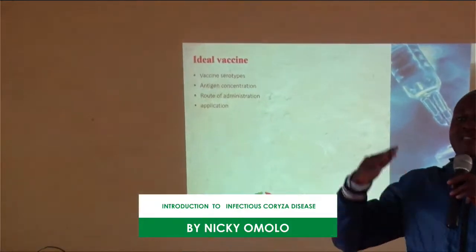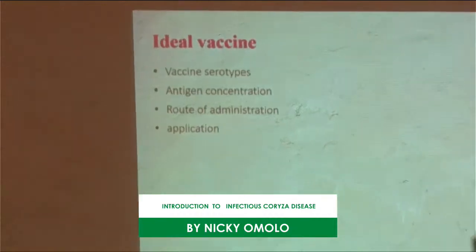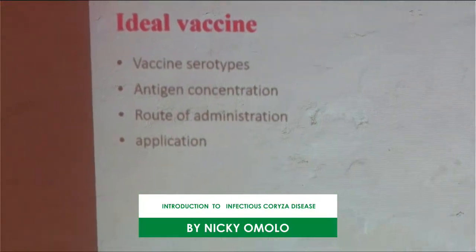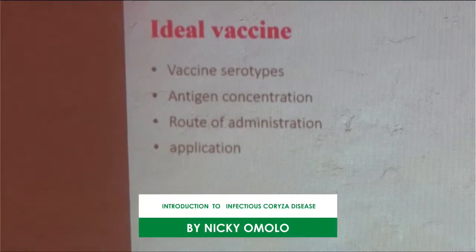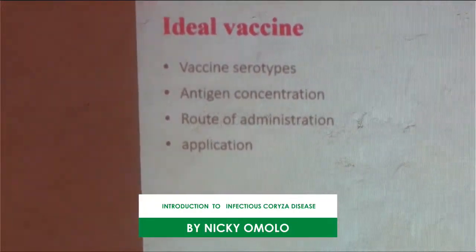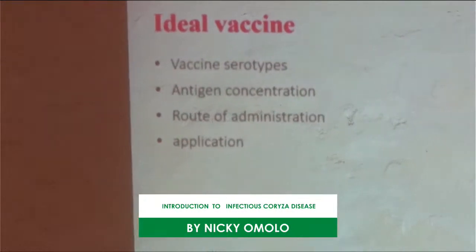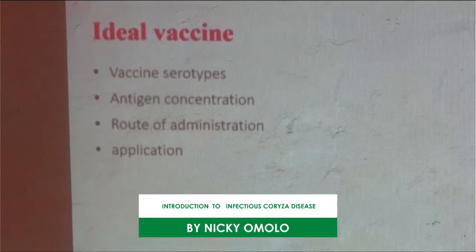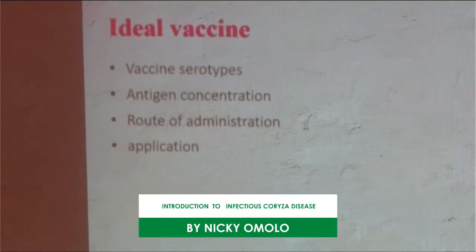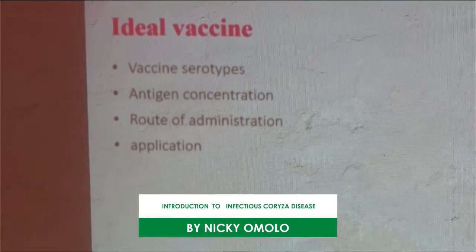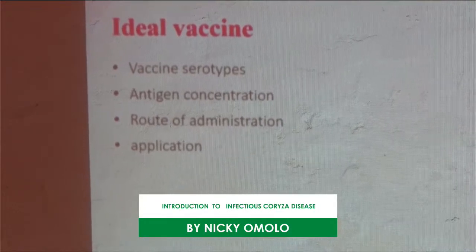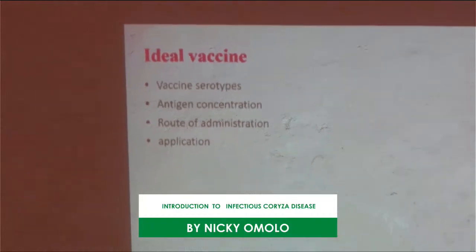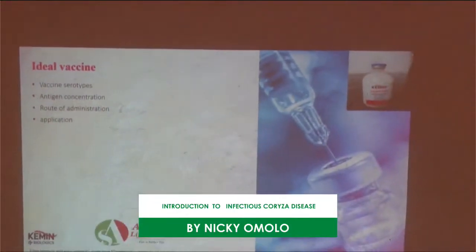Now, because we have various serotypes and various serovars, if you choose the wrong serotype or the wrong serovar in a region where that disease is not endemic, then you have not chosen the ideal vaccine. So you must be able to understand that in my region of operation, which are the most common serovars that become the causative agent of infectious coryza. So we're looking at number one, vaccine serotyping, very, very important.